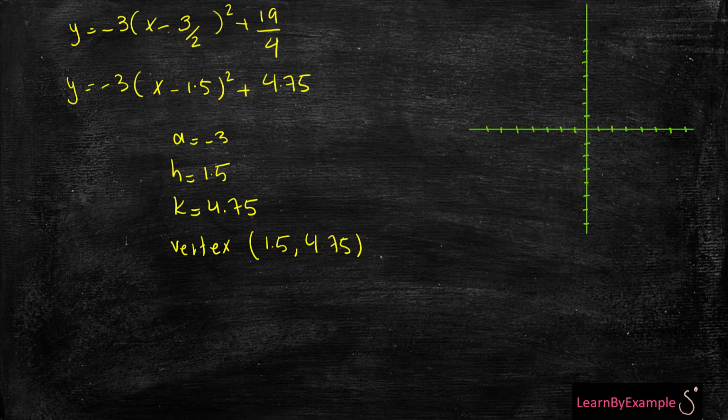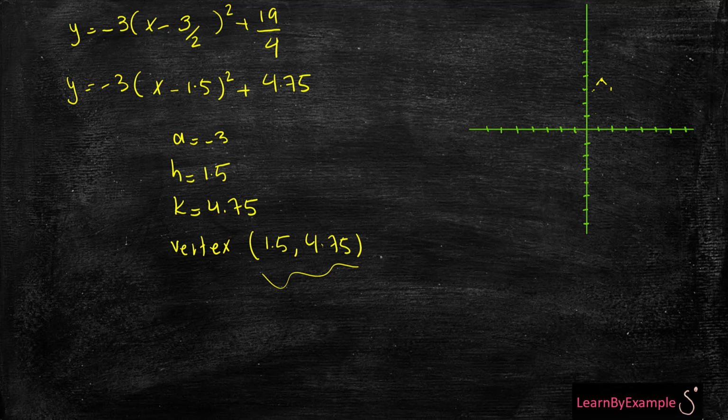All right, so let's take a look and see how we can graph this. So my vertex is just 1.5 and 4.75. It's going to be somewhere here. Now we know that it's going to be an upside down parabola. And now my first points are usually supposed to be here and here. However, I'm going to actually have it multiplied by 3. So 1, 2, 3.